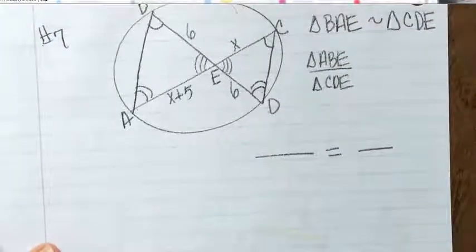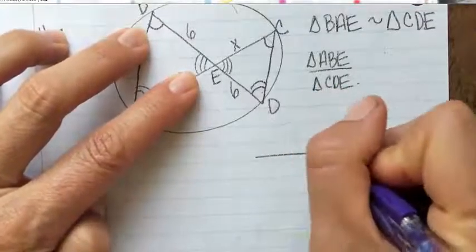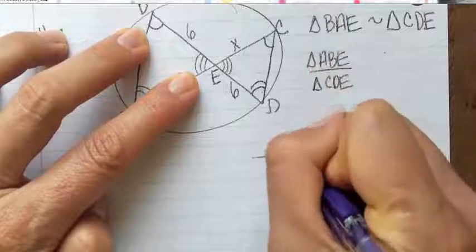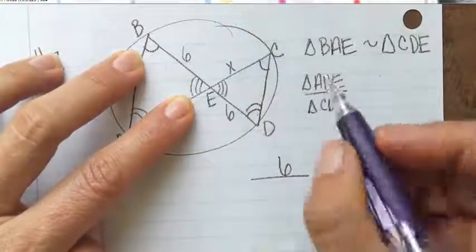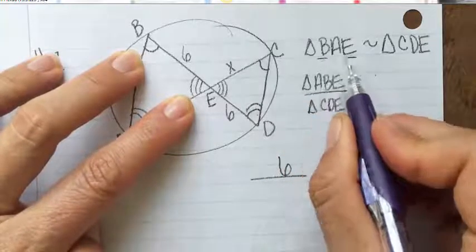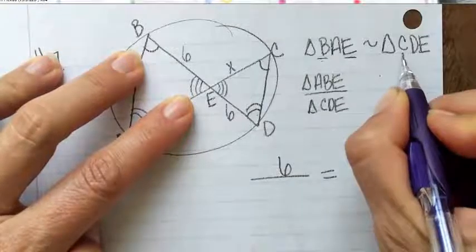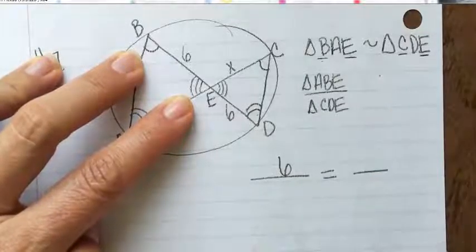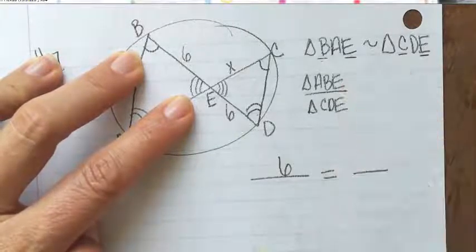Here's my proportion. I've got some sides that I definitely know. BE is 6, and that's from triangle ABE, so I'm going to put that on top. Now, what side does that correspond with? When I look at B and E, they're on the outsides of my similarity statement, right? Since I set up my similarity statement correctly, CE will be the corresponding side with BE.